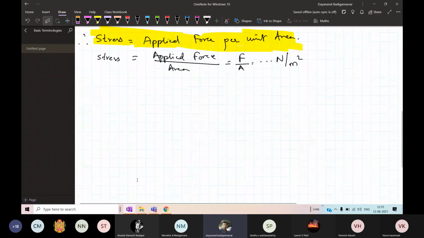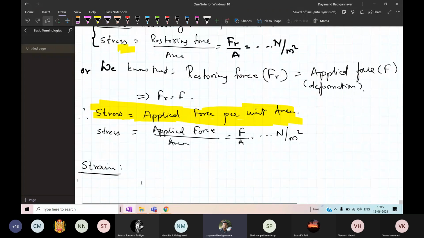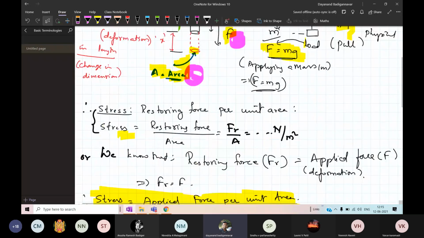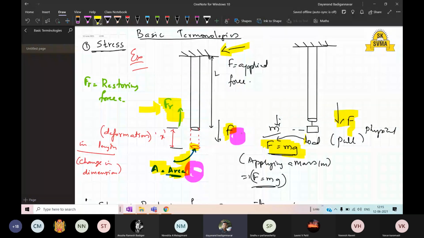Then there is one more term that comes into the picture, that is known as the strain. Now we go to the same diagram. You can look at this wire. By applying a force, I have modified the length of the wire.